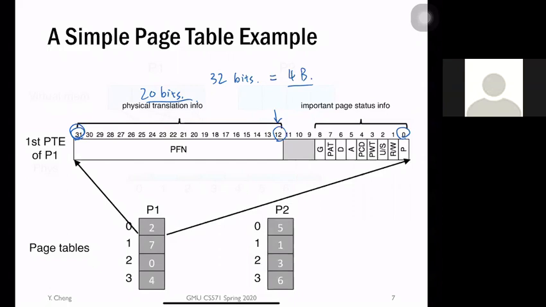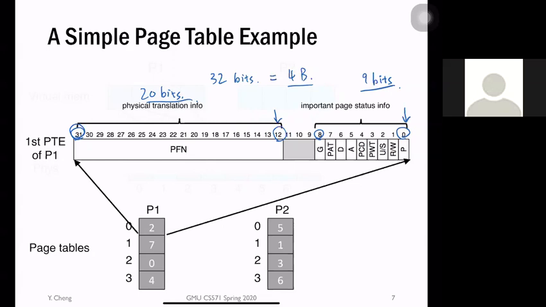And the low bits field, starting from the lowest bit, bit 0, to bit number 8, a total of 9 bits, are reserved for storing the important bookkeeping information, basically metadata for the corresponding page, right?